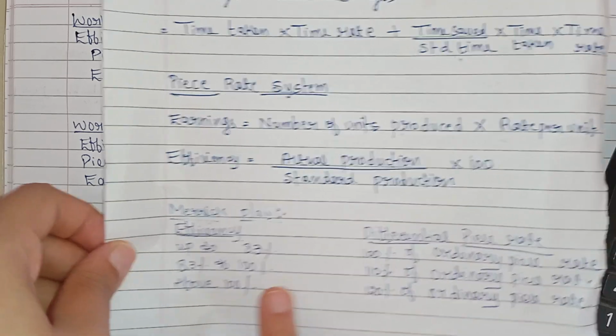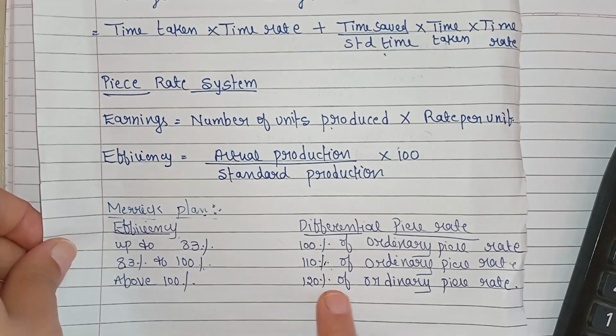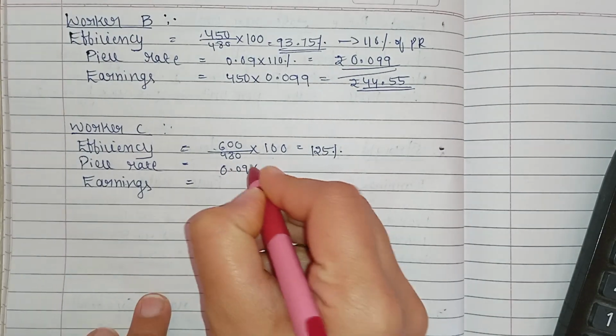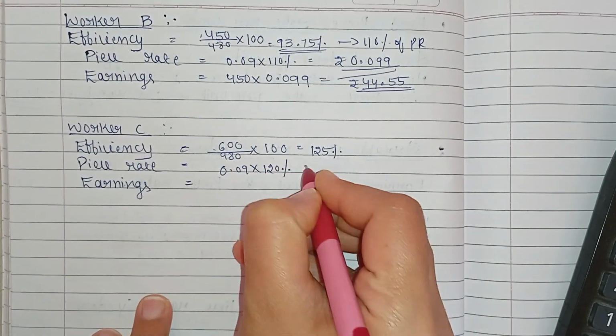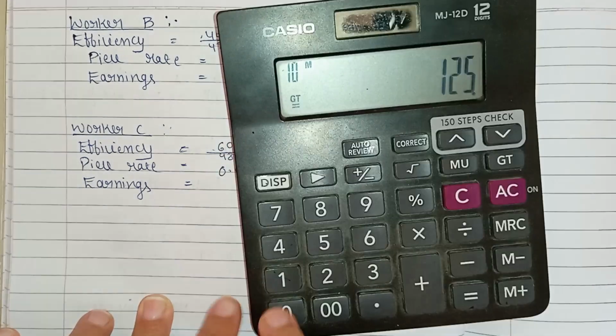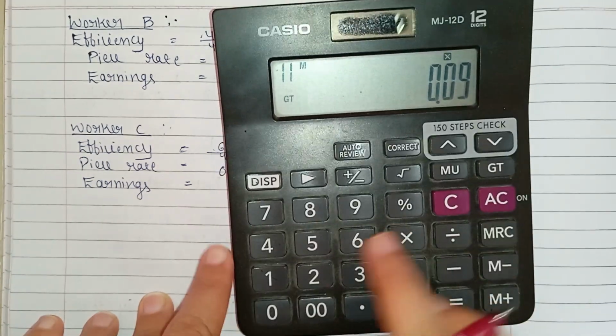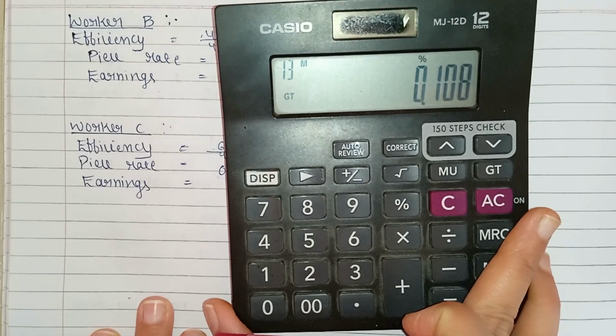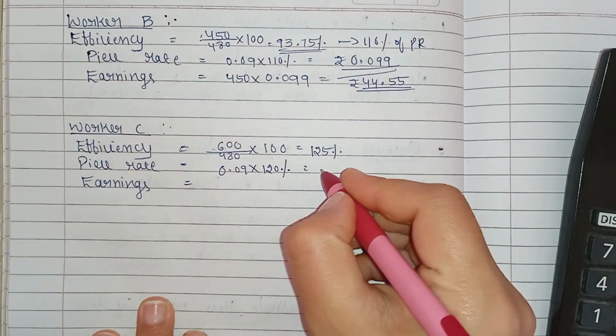Means the applicable rate is 120% of ordinary piece rate. So our ordinary piece rate is 0.09 into 120 percent, that is 0.108 rupees.